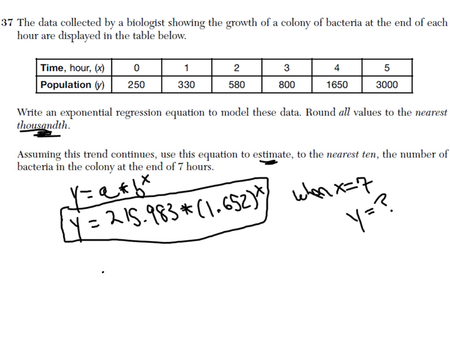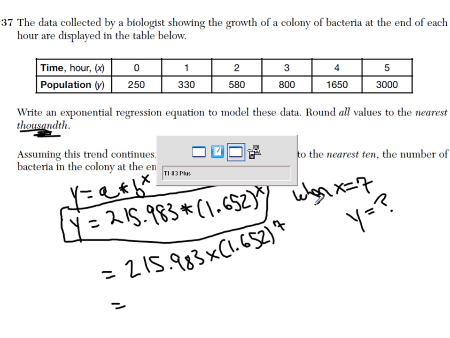So you can just substitute for x: 215.983 times 1.652 to the 7, and see what you get there.